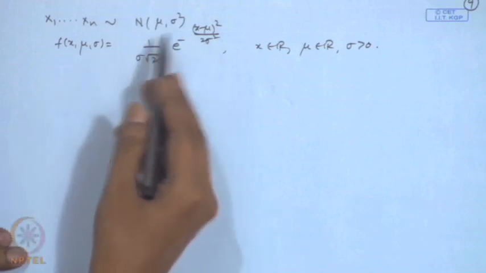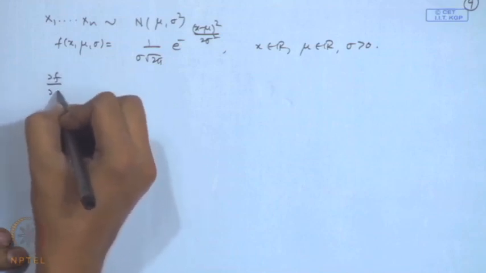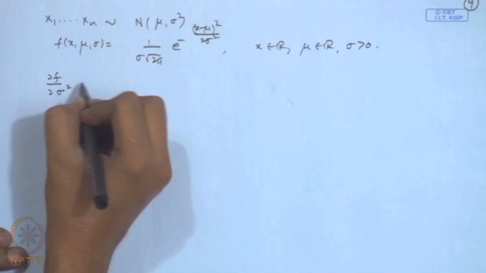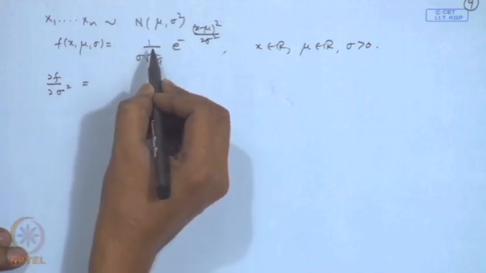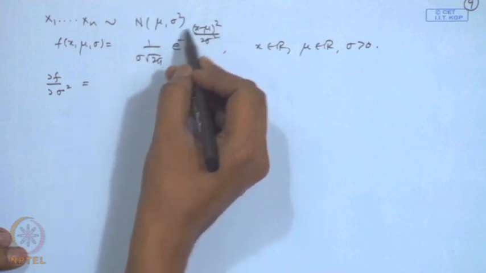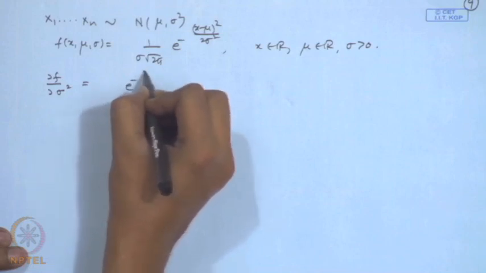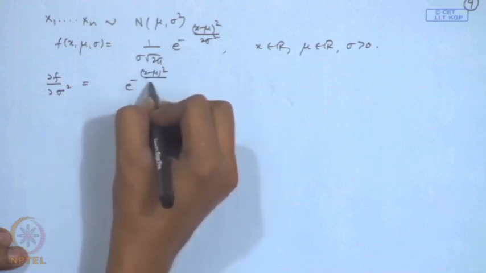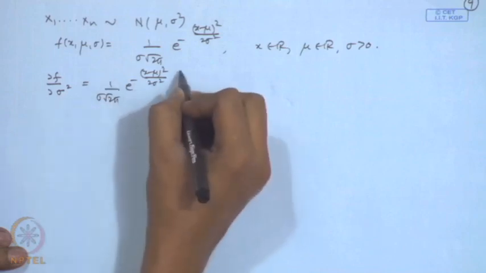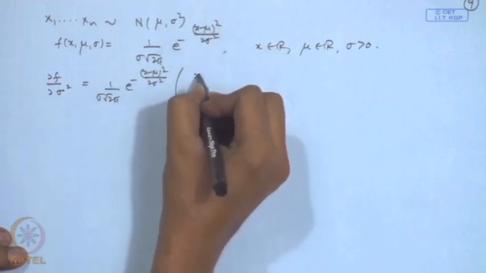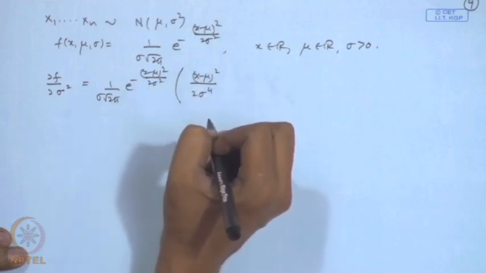So, the derivative of this with respect to sigma square, del f over del sigma square, will involve the derivative of this, that will be e to the power minus (x minus mu) whole square by 2 sigma square, and of course, 1 by sigma root 2 pi, and the derivative of this term, that is (x minus mu) whole square by 2 sigma to the power 4.